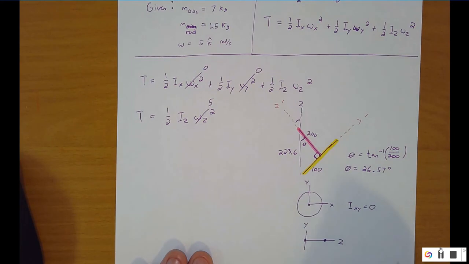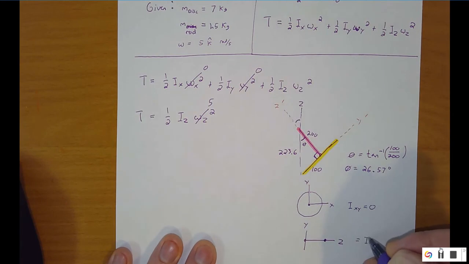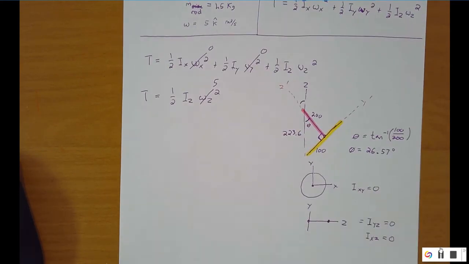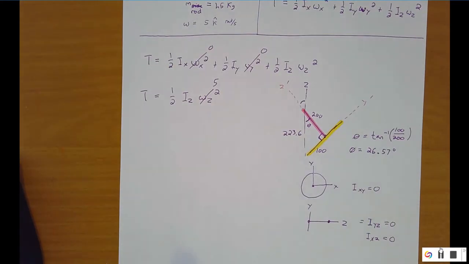Because I'm not going to move up or down off of this z, I'm also going to get that I_yz is 0 due to symmetry. And the same picture will be used for I_xz. So all my products in this case are 0, which is really nice.